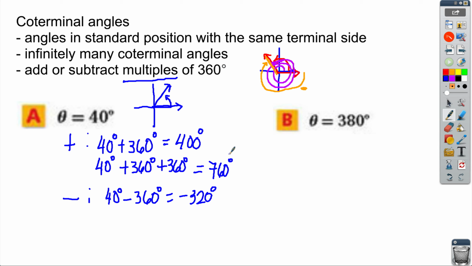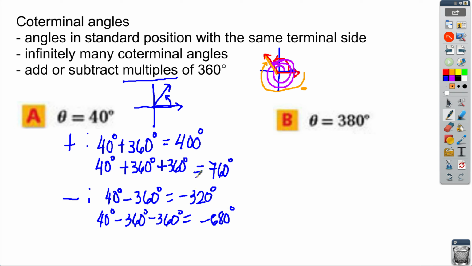Then again, what if you were instructed to find two of those? You can subtract 360 degrees another time, so twice really, and that will give you negative 720. So negative 720 plus 40 degrees will give you your negative 680-degree measure.